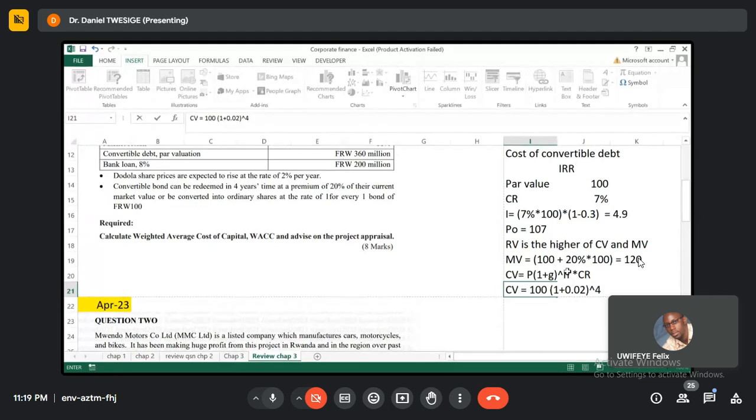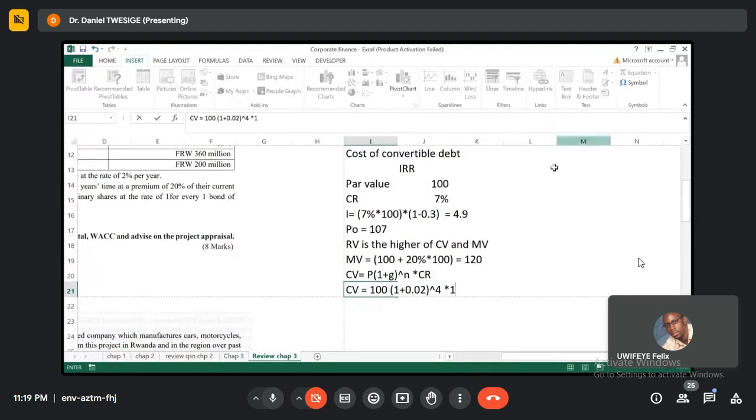Our conversion ratio is 1. Let me first summarize the data here. Our G is 2%. Our price, conversion price or exercise price, our exercise price is 100.